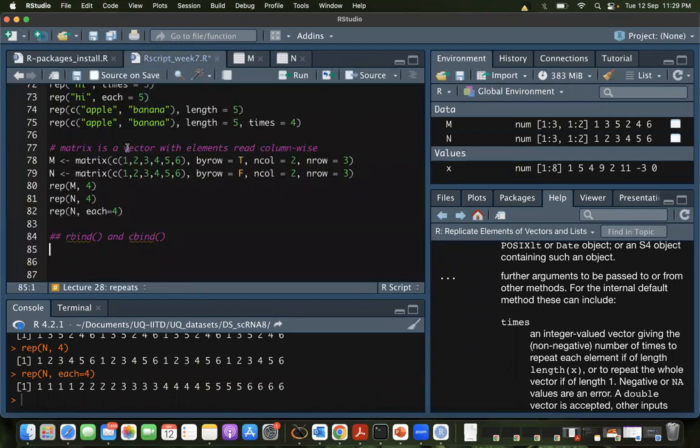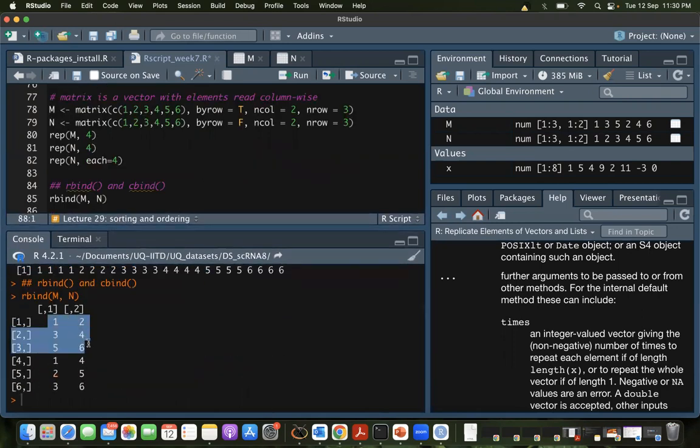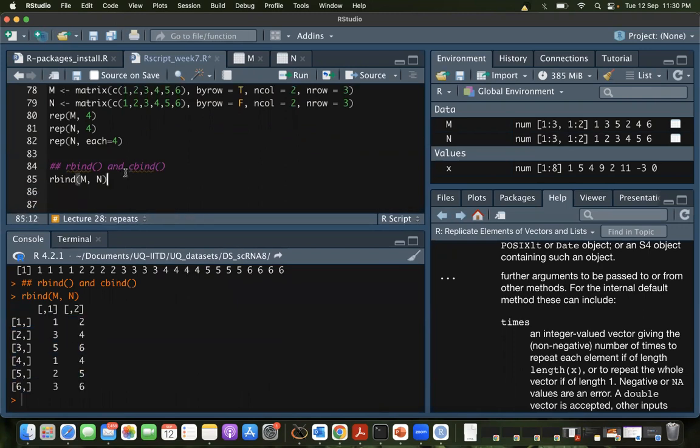So if I write rbind M and N, it's going to give me a longer matrix. These first three rows belong to M, the next three rows belong to N. And obviously if I change the order, that's going to be different.